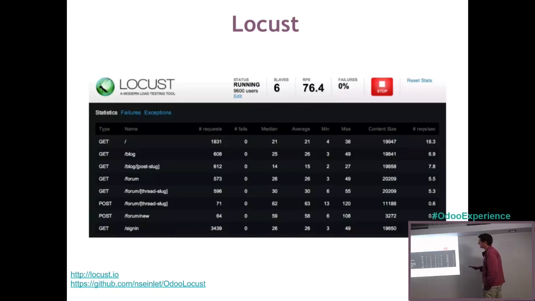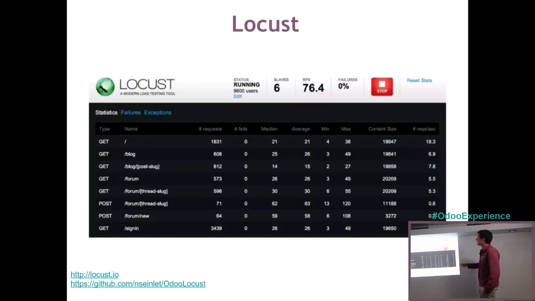So it can be very important, because here what we want to see is when you see the first fails appear. How many users does my system need to see the first fails here?